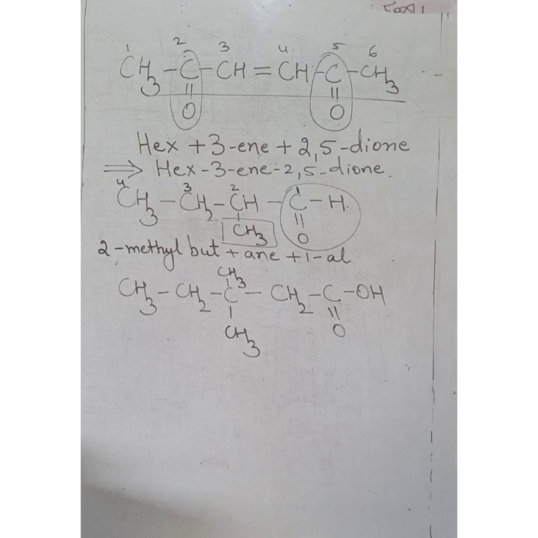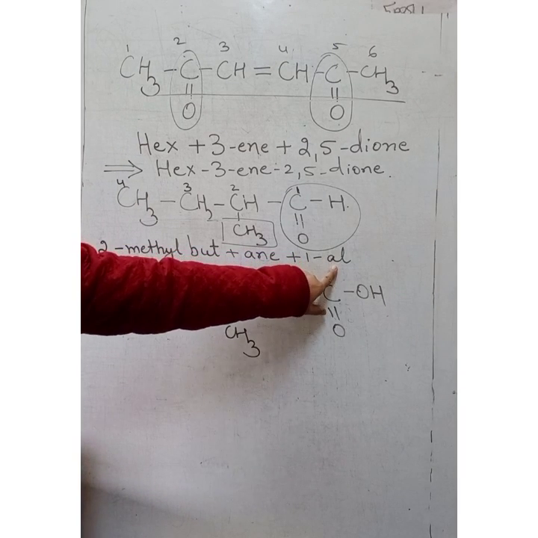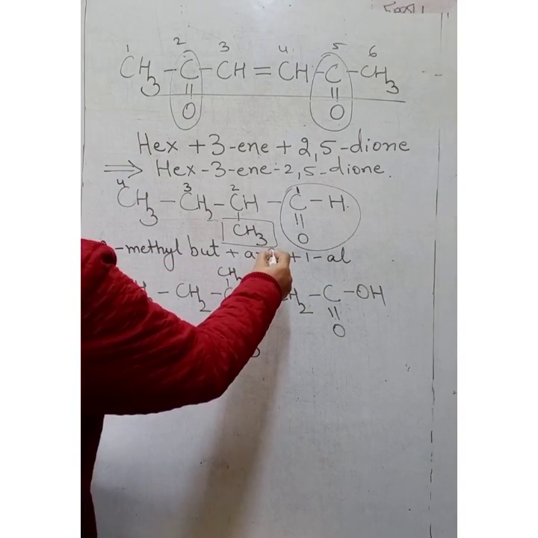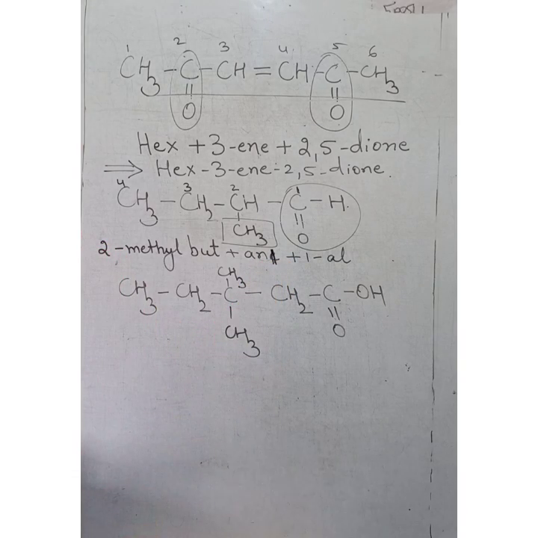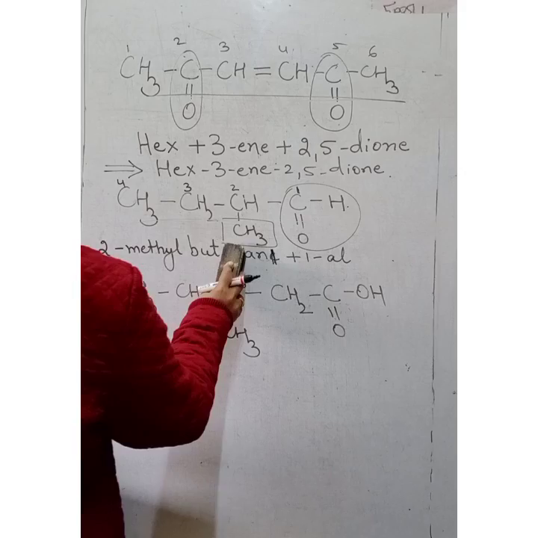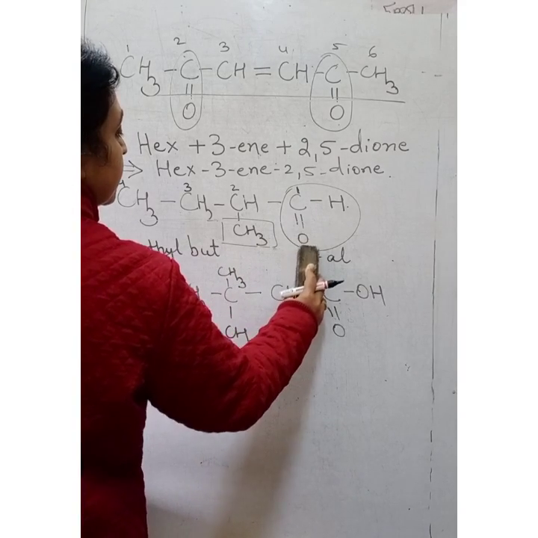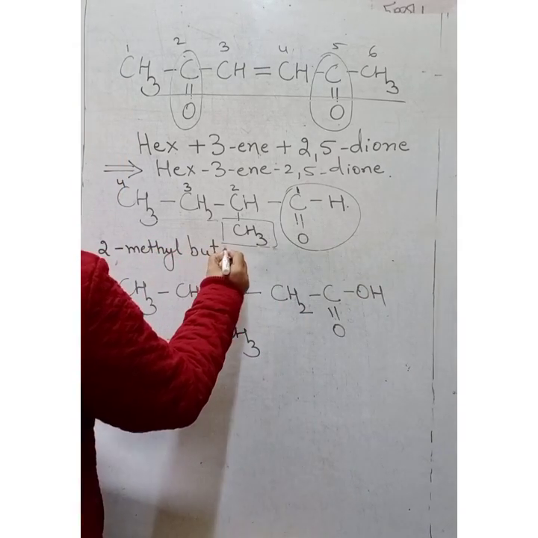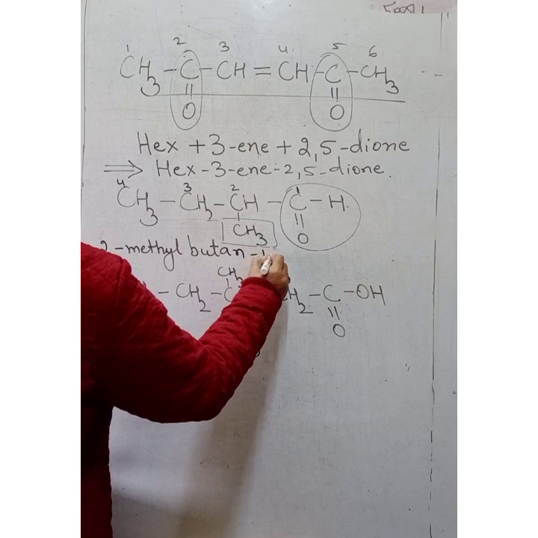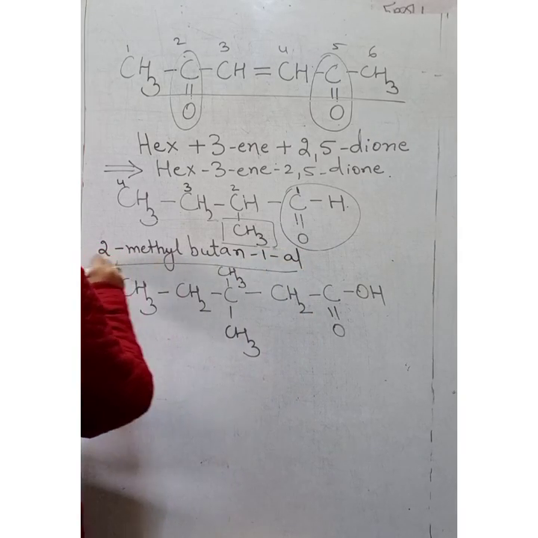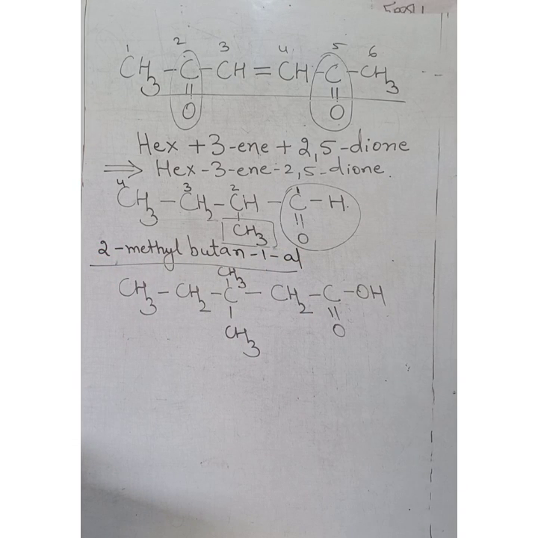Now when the secondary suffix starts with a vowel, the terminal E of the primary suffix is dropped. Now you will combine the name. So we will be writing here 2-methylbutan-1-al is the name of the organic compound.